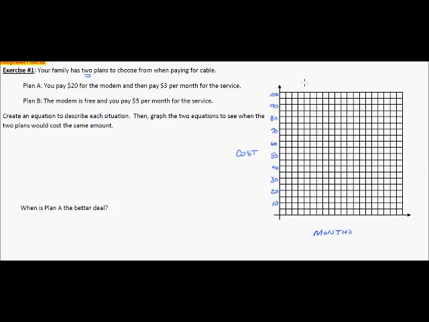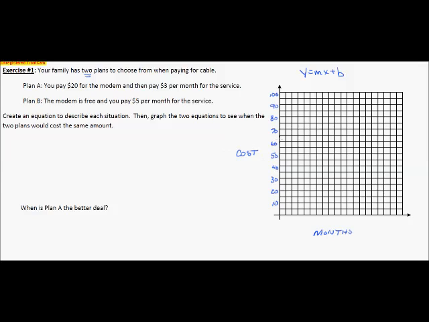Now I want you to keep in mind, I'm going to write up on the top here y equals mx plus b, because we're still dealing with linear equations, meaning lines, and so all of these equations that we come up with are still going to take this form. So we're still dealing with slopes, and we're still dealing with y-intercepts and such.